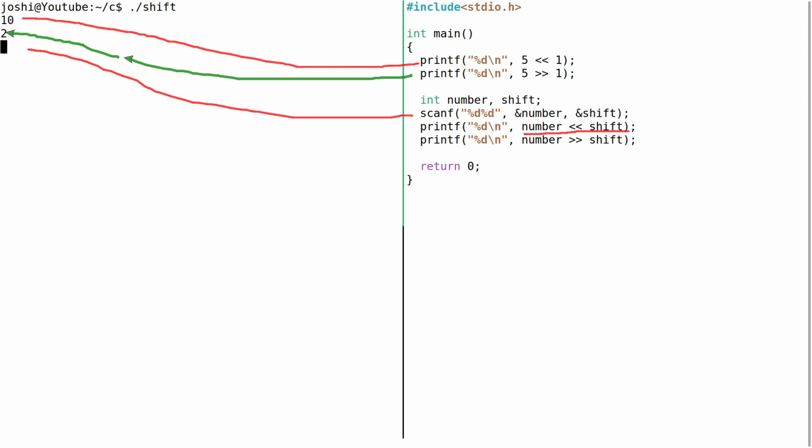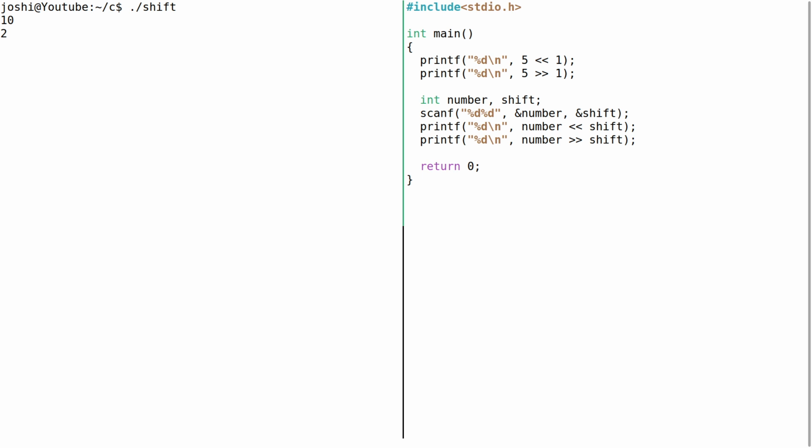So now suppose I type the same example of 5, 2. So what is it printing? Number is 5, so it is shifted towards left hand side 2 times. It means 5 multiplied by 4, which is 20.